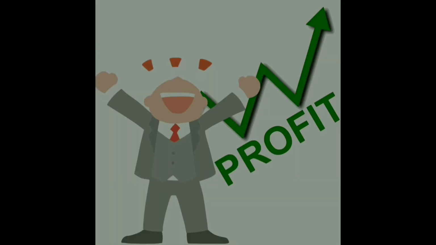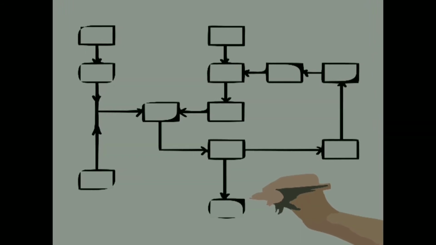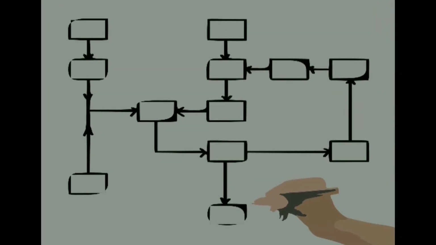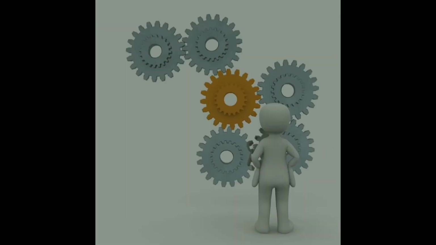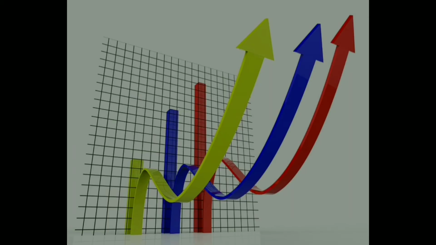Great, but there are some constraints that you have to abide by, such as you only have a limited amount of materials. You may only have a limited amount of storage space, a limited amount of time, a limited amount of employees. So there's a lot that comes into play when trying to calculate how much profit you can make. This is where systems of equations comes in handy.